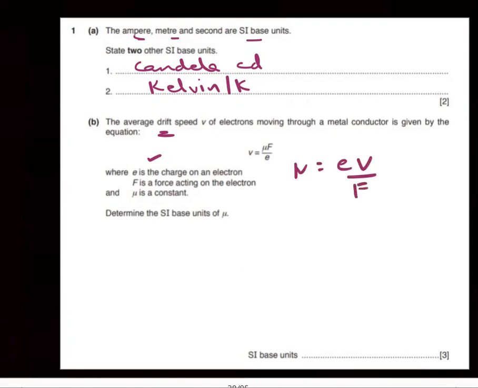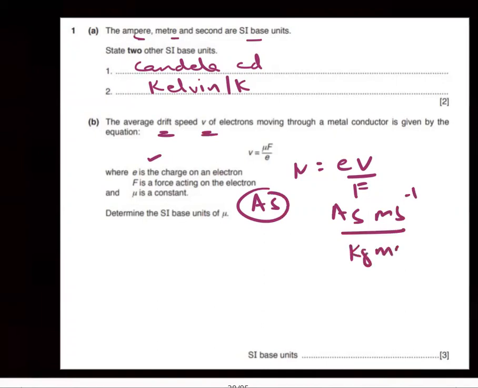Okay, E is what? E is the charge. If you remember, the charge is A into S. V is what? V is the speed, so multiply by m s minus 1, divided by force, that is kg m s minus 2.